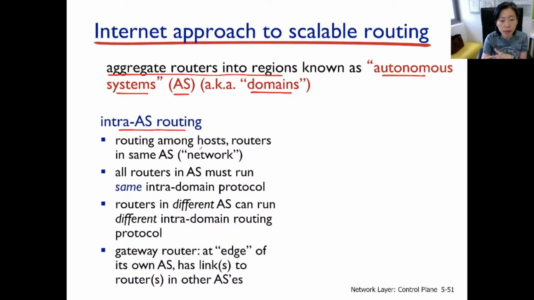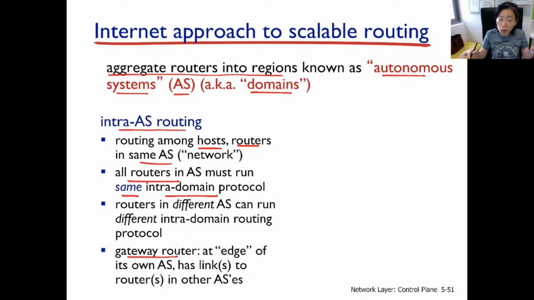It's the routing protocol running among all the hosts and routers in the same AS. All routers in the same AS need to run the same intra-AS protocol. Routers belonging to different ASs can run different intra-AS protocols. That is an independent, autonomous choice of the network admins individually.